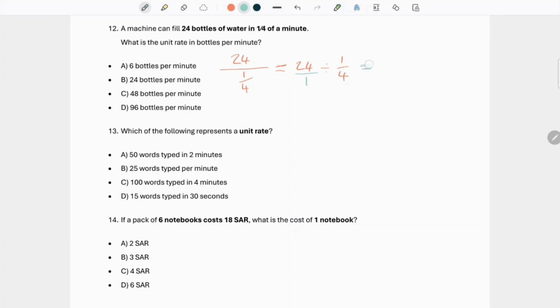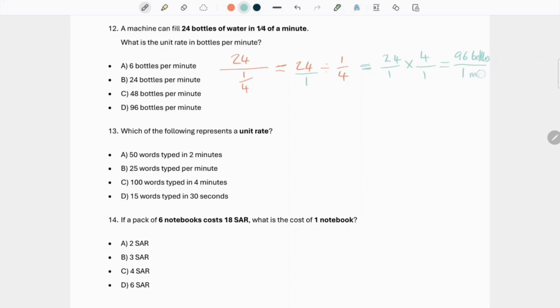Then we're going to do our KFC or KCF, keep, flip, change. Let's keep the first fraction, change the operation to multiplication and flip the second fraction. So we end up with 24 times 4, which is 96, and 1 times 1, which is 1. So 96 bottles in 1 minute.